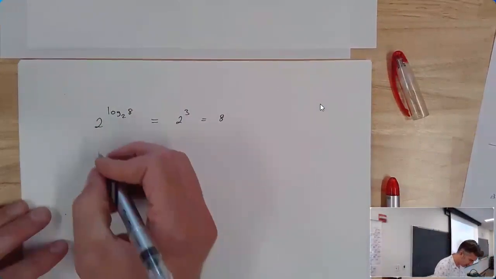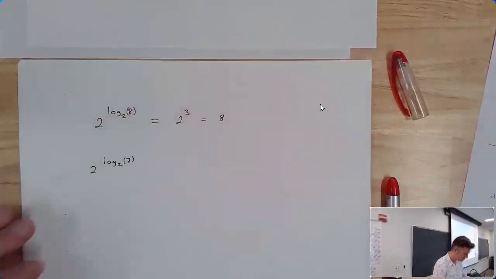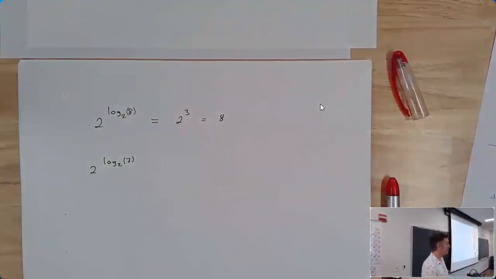Okay, so what about 2 to the log base 2 of 7? What the heck is log base 2 of 7? I don't know. I mean, it's something less than 3. It's 2 point something.